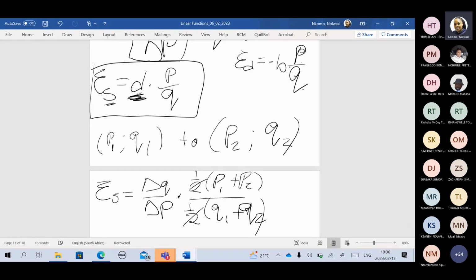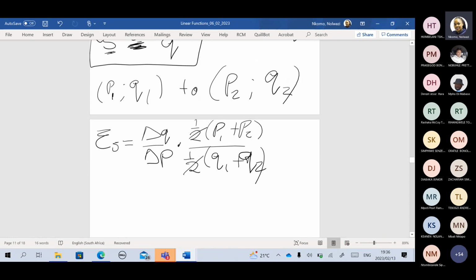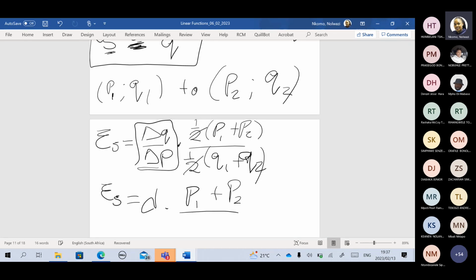But this half and half will cancel out. And we said this is the slope, and the slope here is D. So the absolute elasticity of supply is D times P1 plus P2 over Q1 plus Q2. So this is the formula we'll use to calculate the arc elasticity of supply.